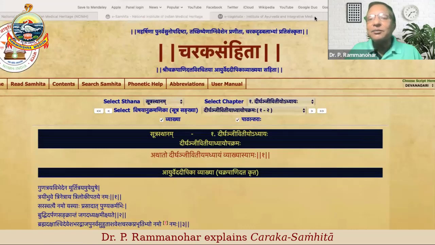Only if the transmission occurs effectively. And for the transmission to happen in an effective manner, the first and foremost requirement is the openness of the Guru to share whatever knowledge has been acquired. Whatever knowledge he has, then there is auspiciousness.